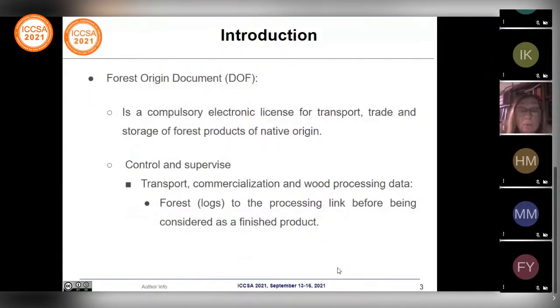The Forest Original Document, so-called DOF, is a compulsory electronic license for transport, trade, and storage of forest products of native origin. DOF controls and supplies transport, commercialization, and wood processing, which first allows processing a link before being considered a finished product.